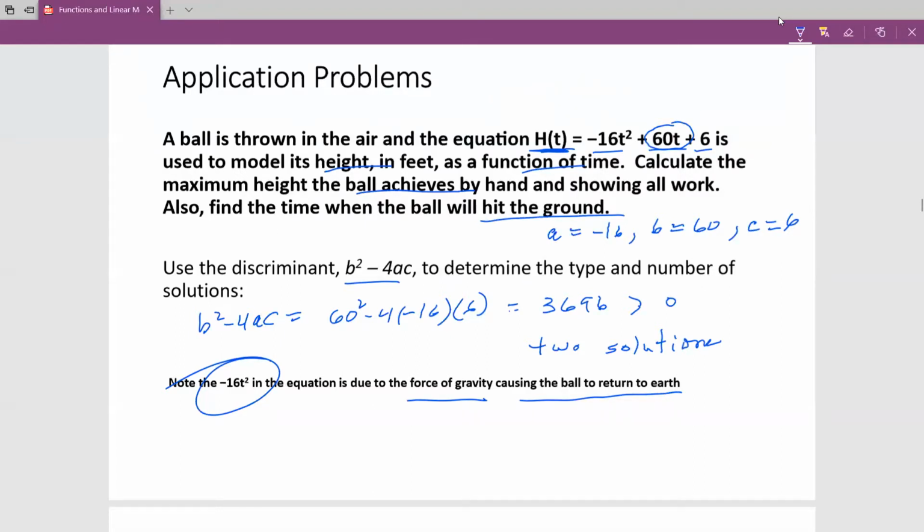We'll see how this equation can change if a projectile goes up at a different initial velocity. And notice the 6, the constant, is how high the ball is when it leaves the pitcher's hand or whoever is throwing the ball.